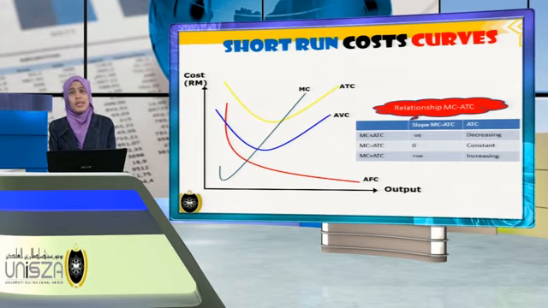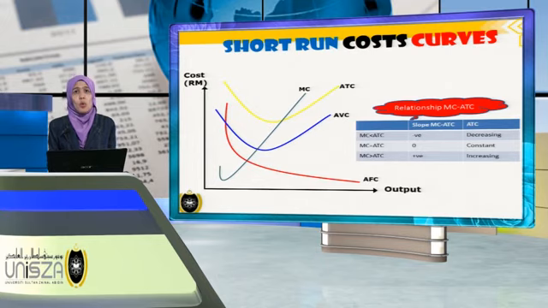Now we discuss the relationship between marginal cost and average total cost. There are three types of relationships. When marginal cost is less than average total cost, average total cost is decreasing.